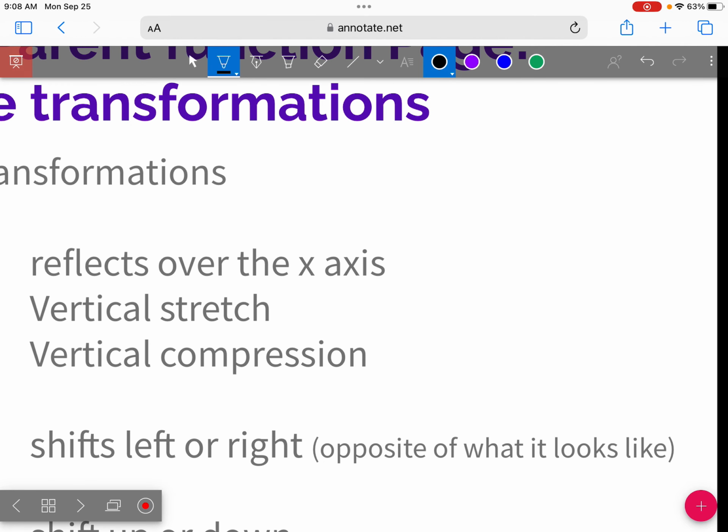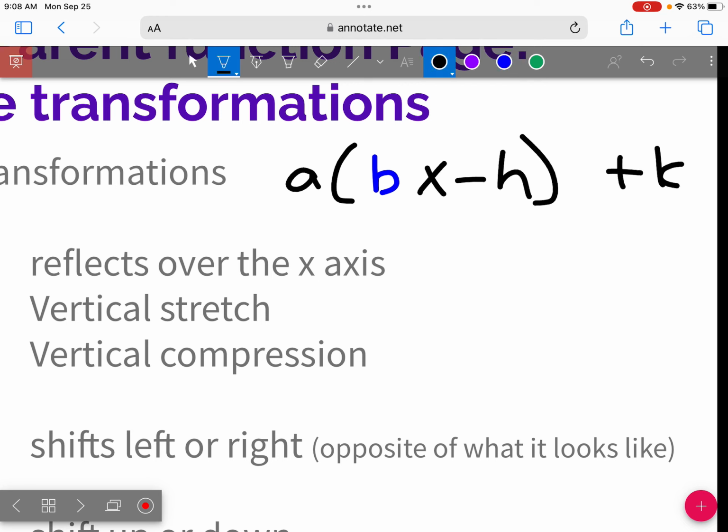For all of those functions, it would be multiplied in front of the X. So A, B, X minus H plus K. Like if this was squared, or if this was square root, or if this was cube, or if this were rational, it would be in the same kind of place, but that's kind of the vibe.